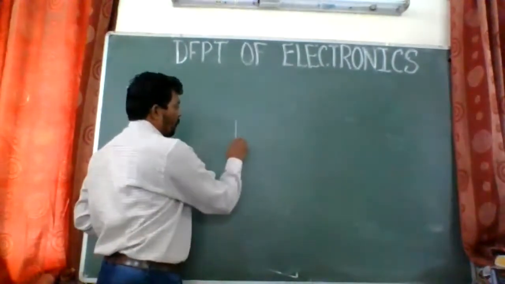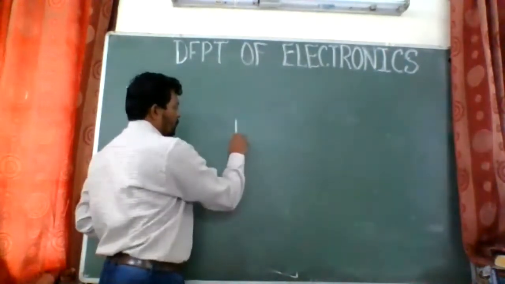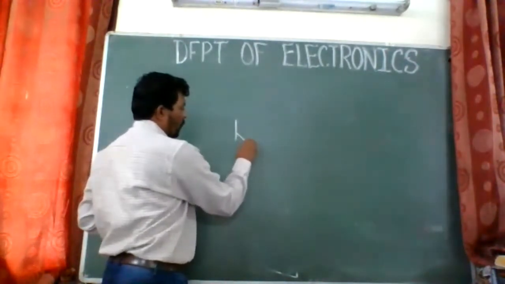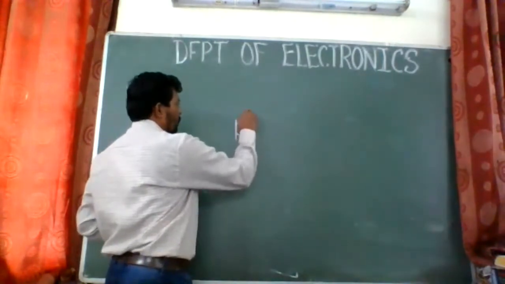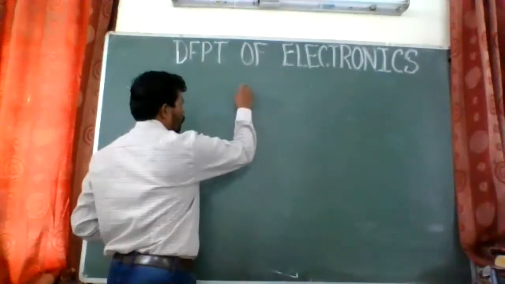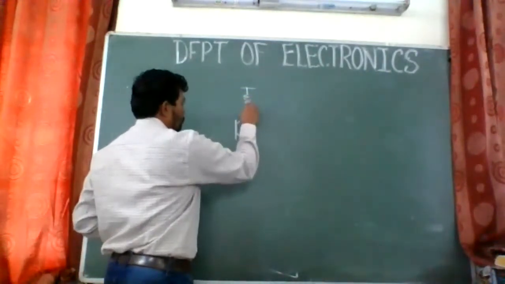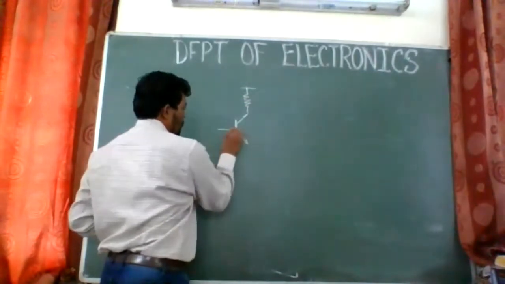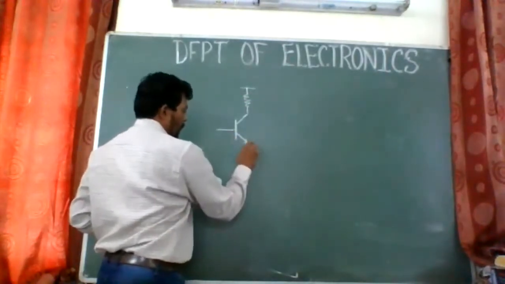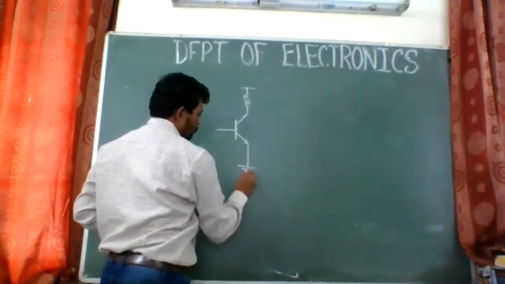So if you remember, in last year's classes we taught you about the transistor. So this is that transistor. I'm going to use this transistor here. So we will be having this as the resistance, and this is the base of that, and here we are connecting it to the ground.